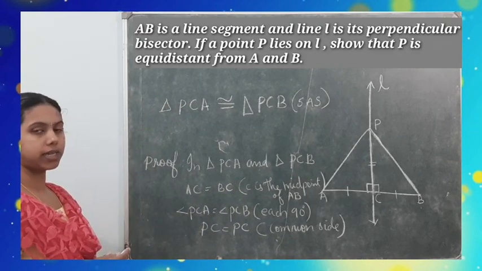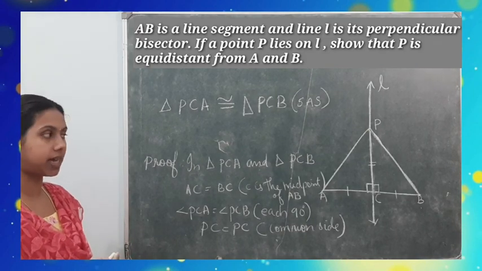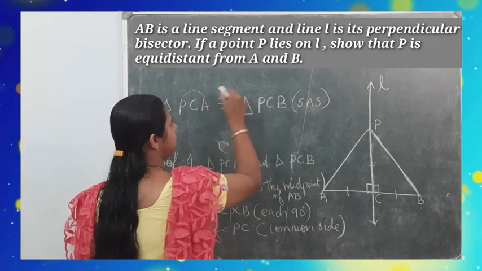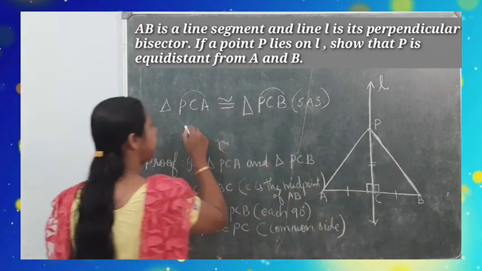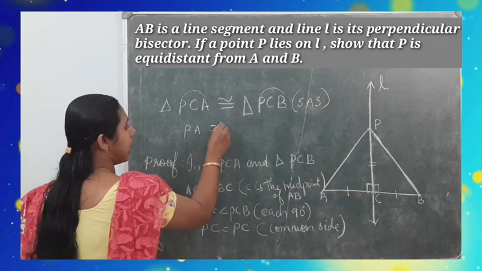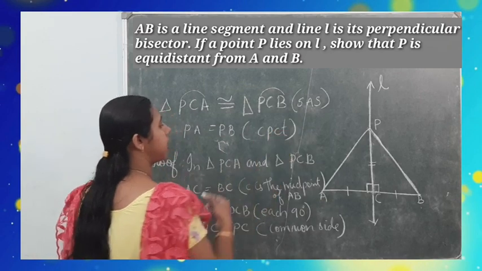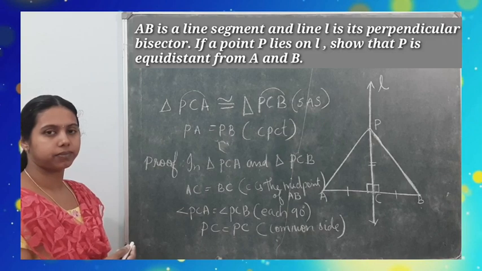If these two triangles are congruent, we know that corresponding parts of congruent triangles are equal. So we can say that PA equals PB, by CPCT, corresponding parts of congruent triangles are equal.